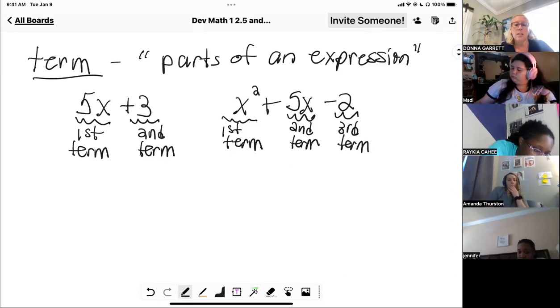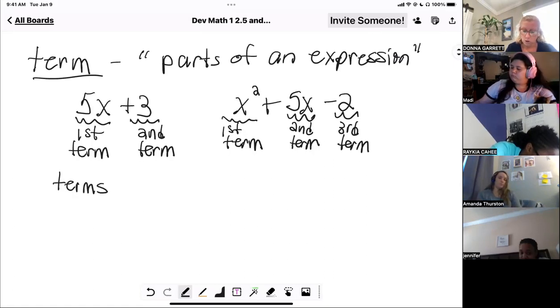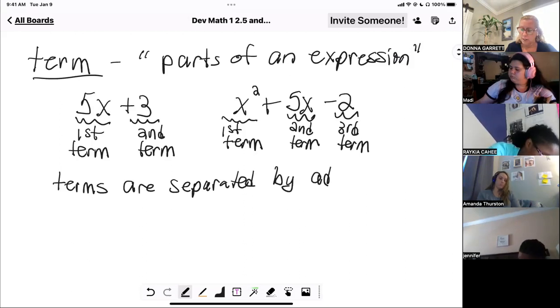So parts of the expression that are each little part that's added or subtracted together is a term. So each little part, if you take them all separate, they're each a term. So terms are separated by adding or subtracting.